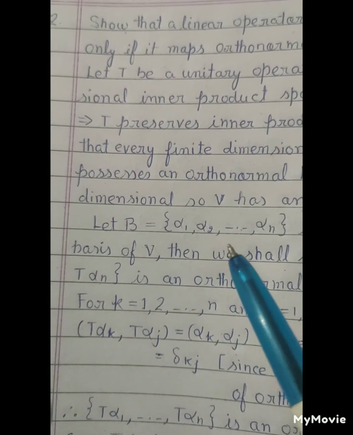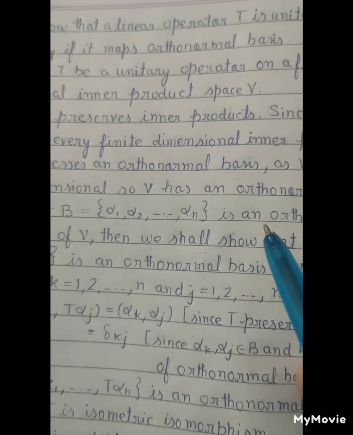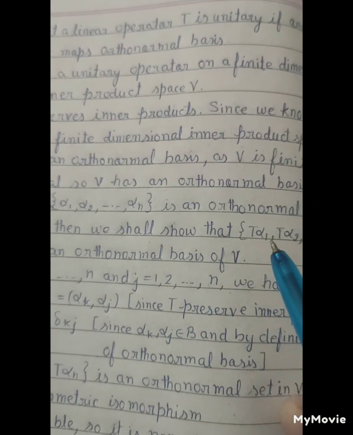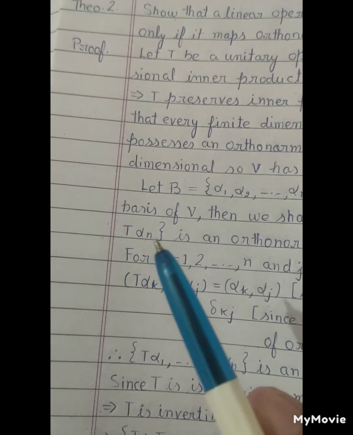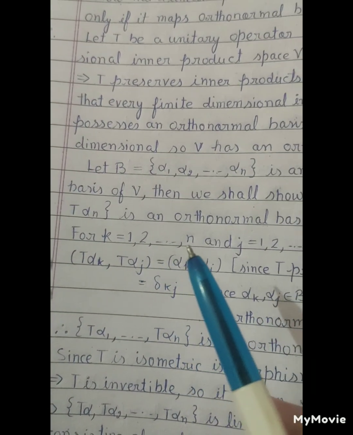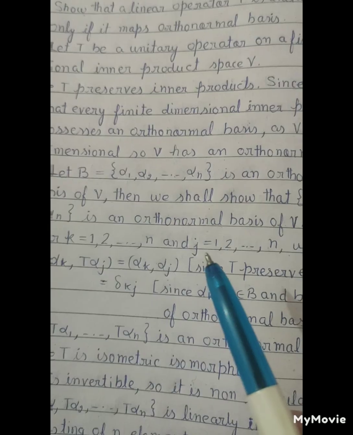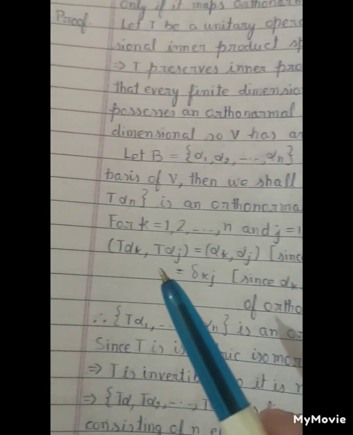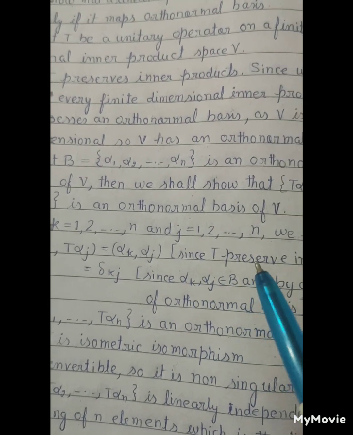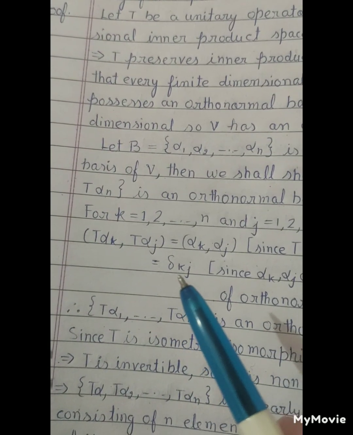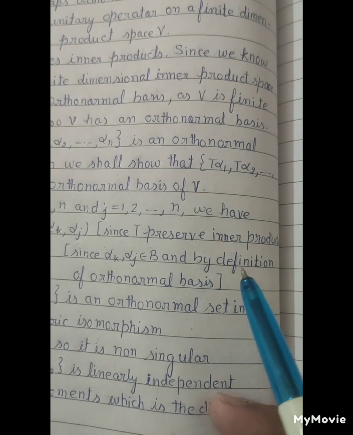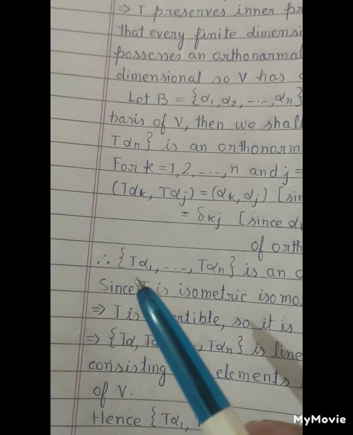Let B equal to {alpha 1, alpha 2, and so on, alpha n} be an orthonormal basis of V. Then we shall show that T of alpha 1, T of alpha 2, and so on, T of alpha n is an orthonormal basis of V. For k equal to 1, 2, and so on n, and j equal to 1, 2, and so on n, we have the inner product of T of alpha k and T of alpha j equal to the inner product of alpha k and alpha j, since T preserves inner products, equal to delta kj, since alpha k and alpha j belong to B, and by the definition of orthonormal basis.